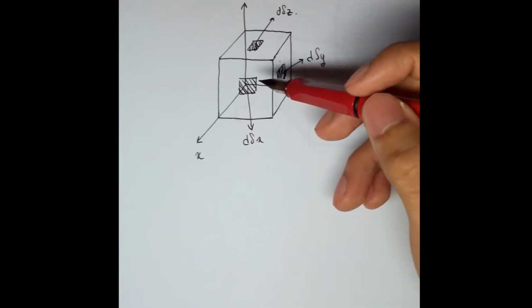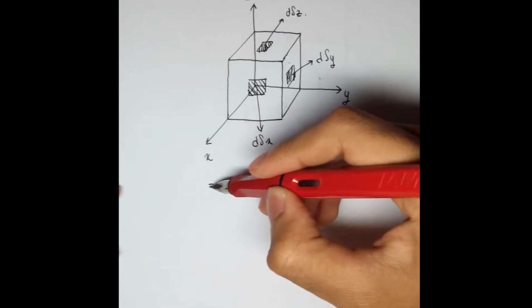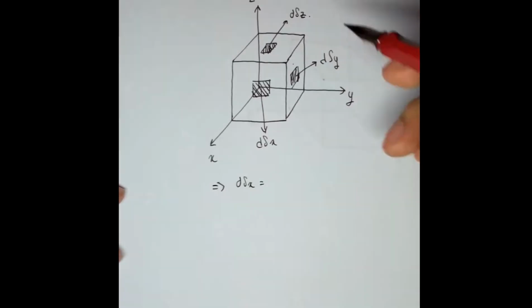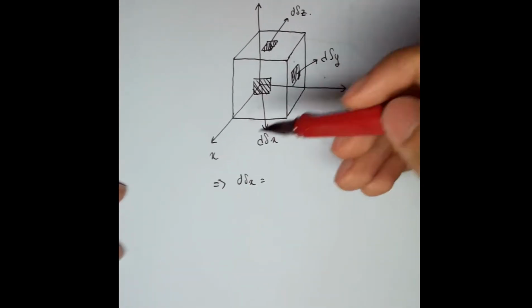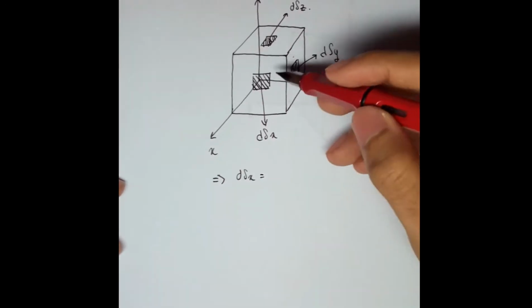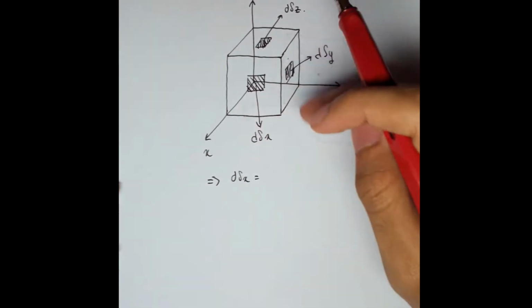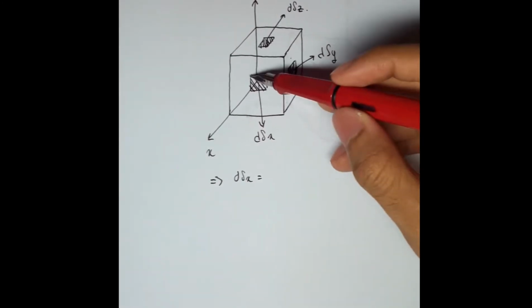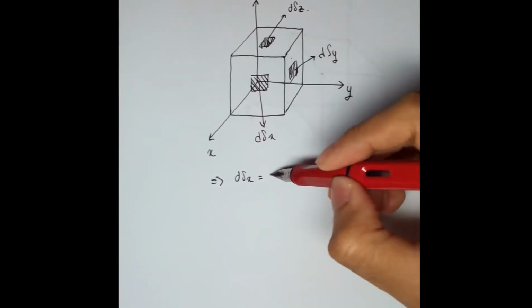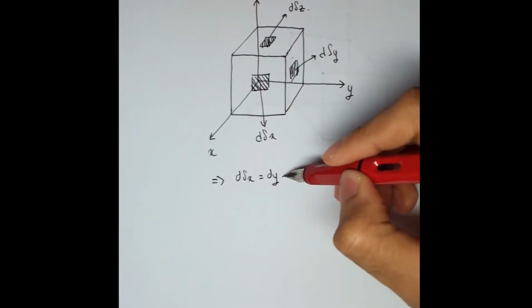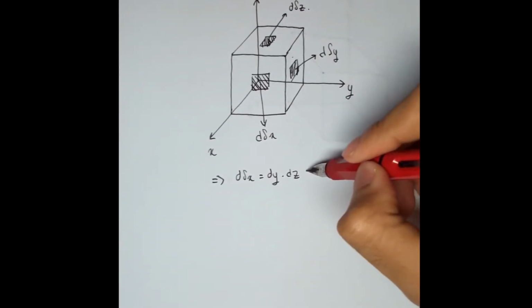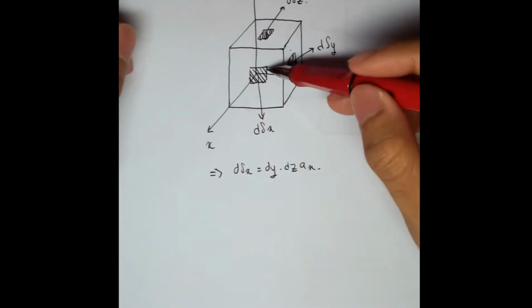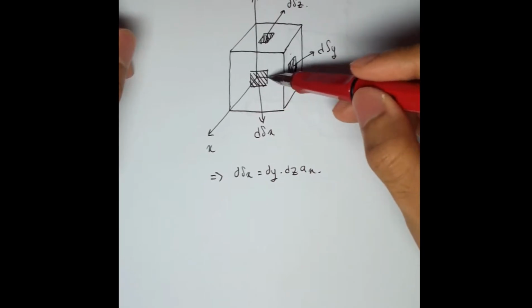For the differential surface of x, we can refer back to the differential length, that is dy dz ax. Now we can get this from the differential surface of x.